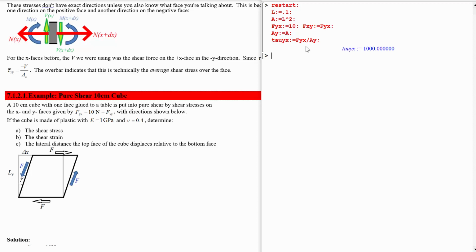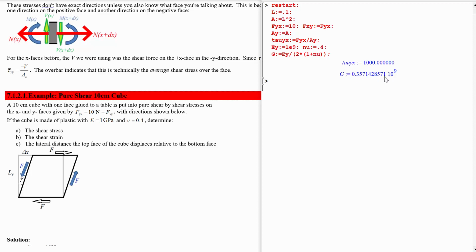Shear strain, we're going to need to figure out the shear modulus first. So the Young's modulus is equal to 1 gigapascal, 1e9, and the Poisson's ratio is 0.4. So that means G is equal to E over 2 times (1 plus nu). So 3.57 gigapascals. And, wait. It's smaller than the Young's modulus. So that doesn't make sense. So G is 0.357.